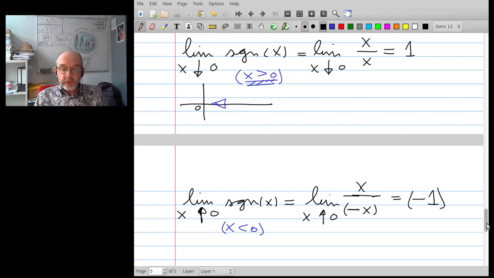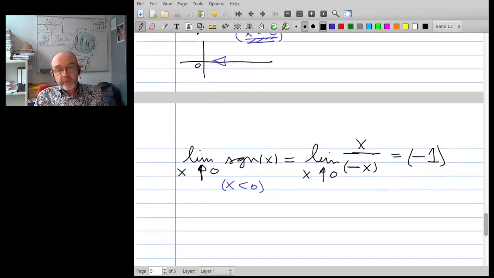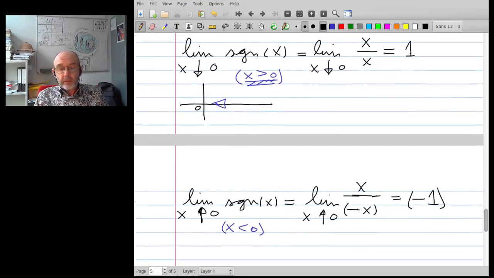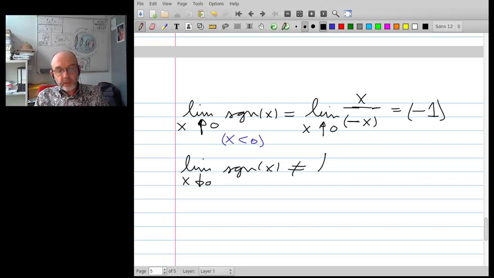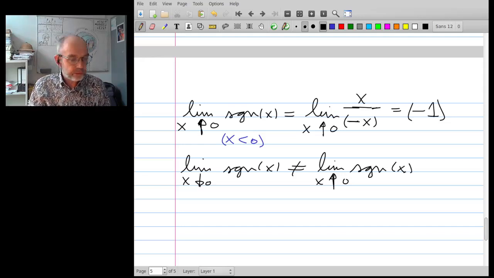And here you see that those limits are not equal. In this case, the limit from above going to 0 is not equal to the limit from x going from beneath to 0, and therefore the limit at x is 0 does not exist.